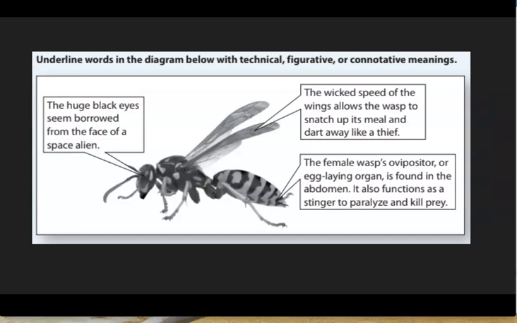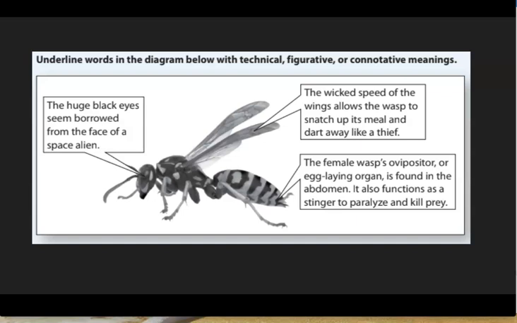So, all right. On your packet, we've got a picture of a wasp. What I'd like for you to do with me is underline words in the diagram that have either technical, figurative, or connotative meanings. At this time, we're not really going to be trying to figure out which one's which. We're just going to read them and then identify when we see some of that language.